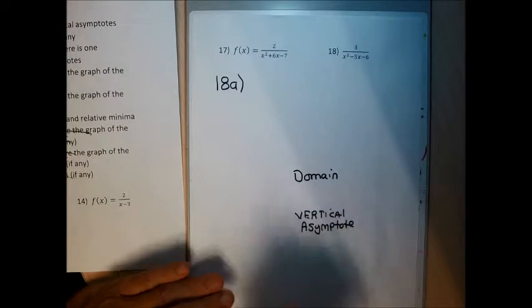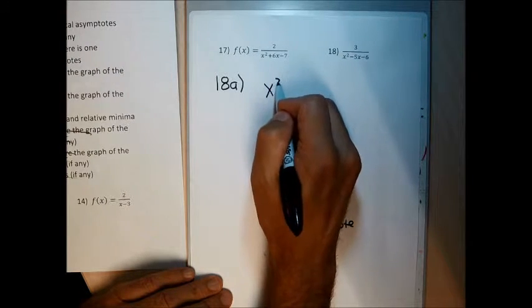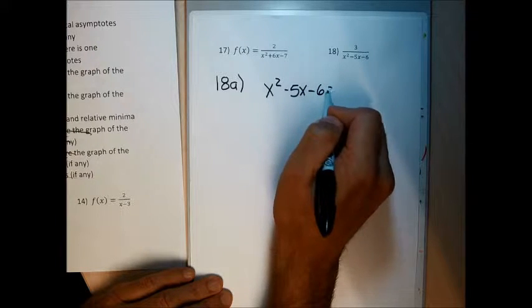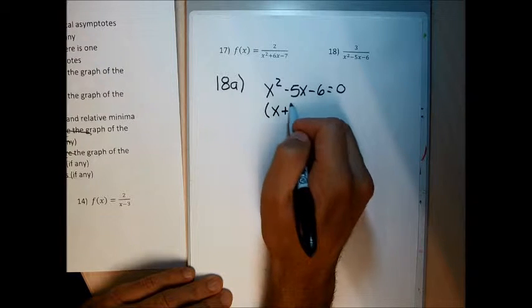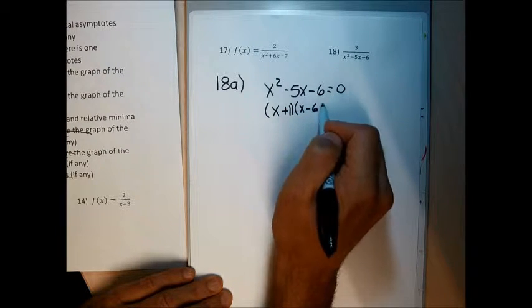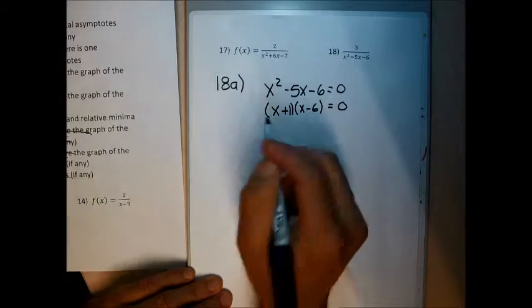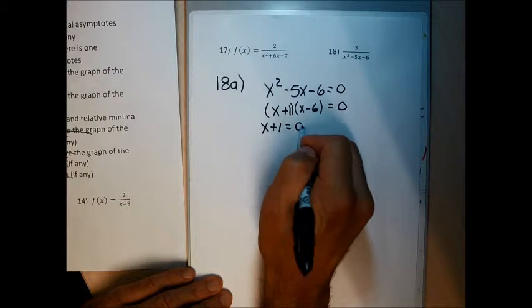So to find the domain and/or the vertical asymptote for a fraction, you ignore the numerator, you solve the denominator equal to 0, and because this denominator has a square, I need to solve by factoring. When you factor it, it factors into x plus 1 times x minus 6. Once I have it factored, I set the 2 factors equal to 0.